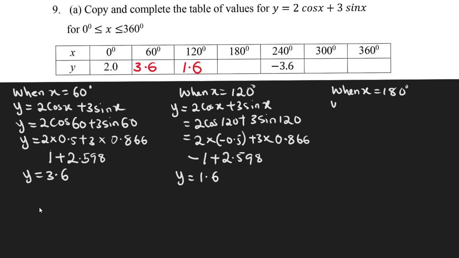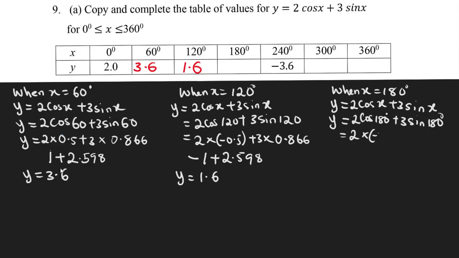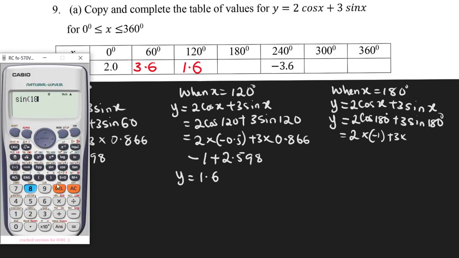So we know that y equals 2 cos 180 degrees plus 3 sine 180 degrees. Cos 180 degrees is minus 1, and sine 180 degrees is 0.